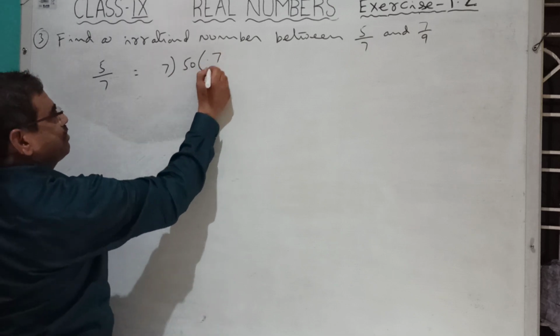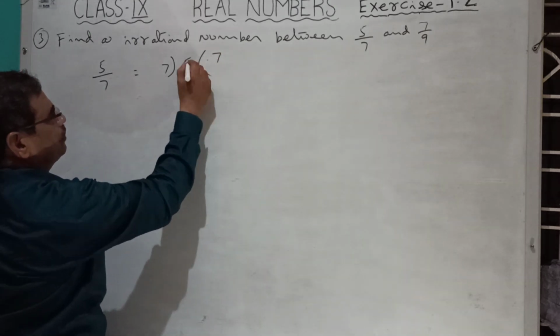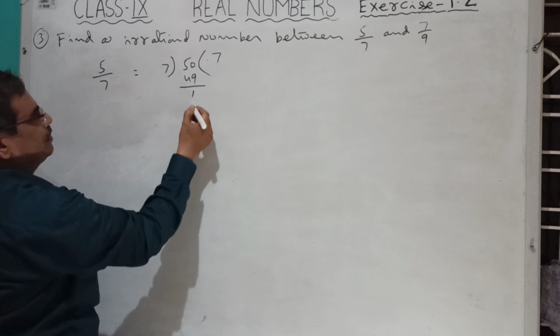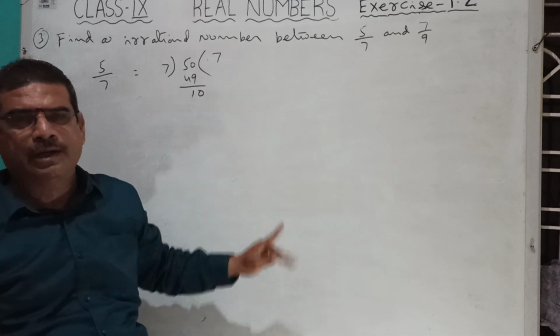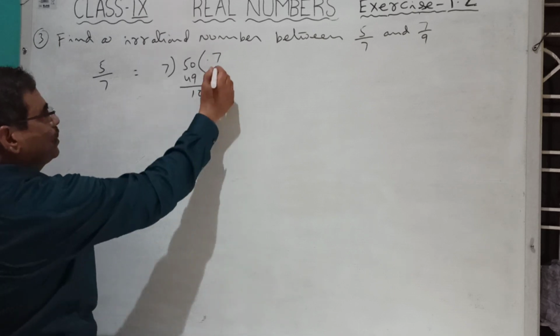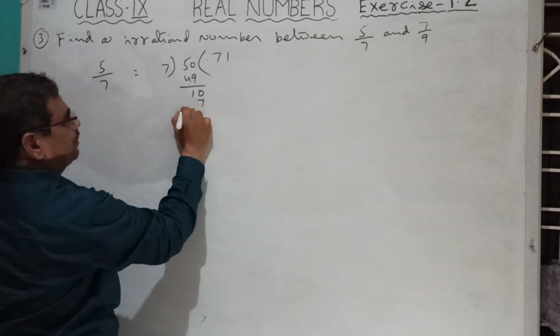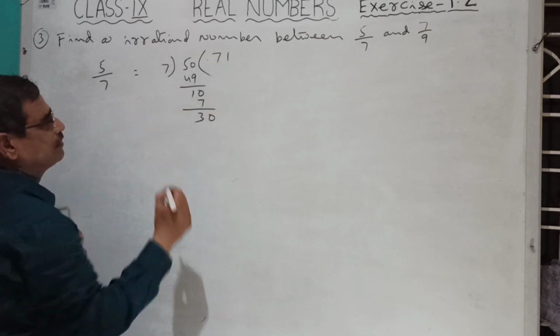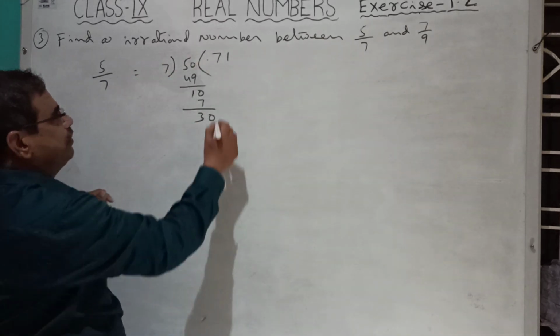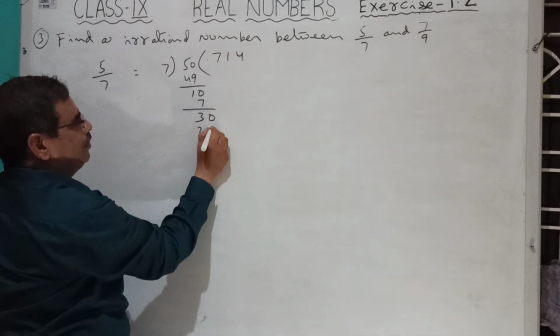So 7 sevens are 49. What is the answer? 1. So put another 0. We can take 1 0 at one time. So 7 ones are 7. 10 minus 7 means 3. And also take another 0. So 7 fours are 28.